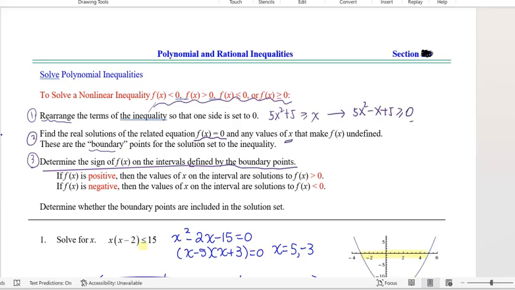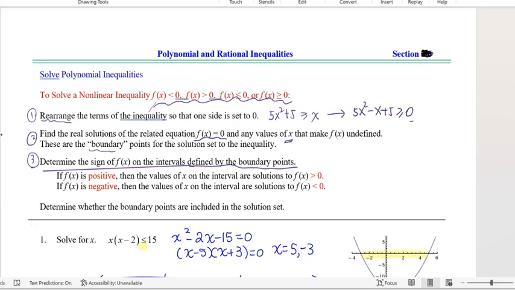If the function is negative inside the intervals, then the values of x on the interval are the solutions that make my given function f(x) less than 0. Always, for better understanding, let's go through the examples.